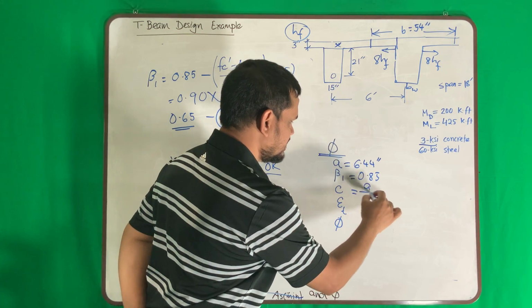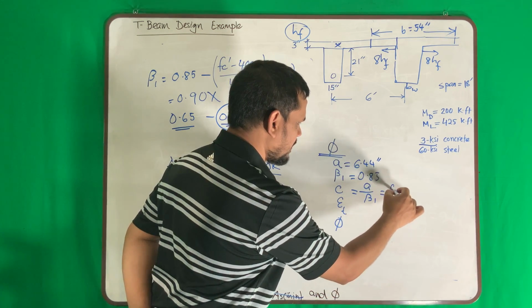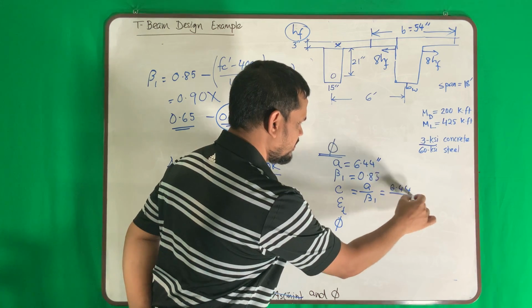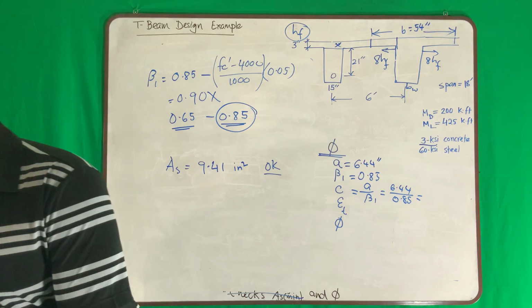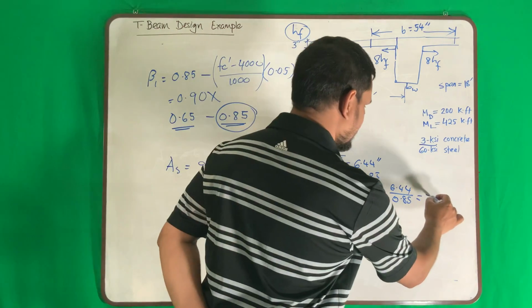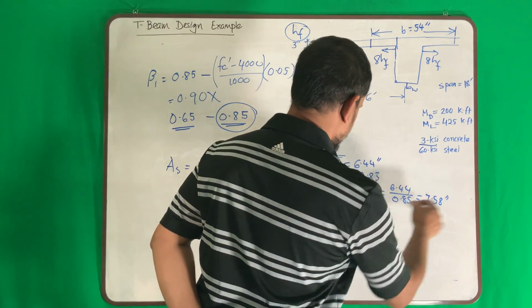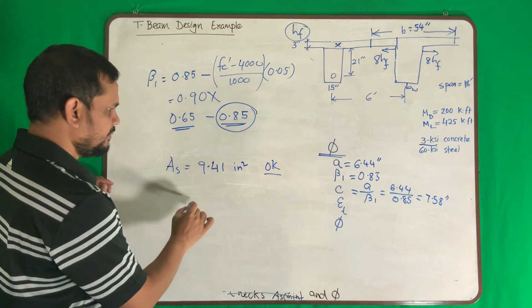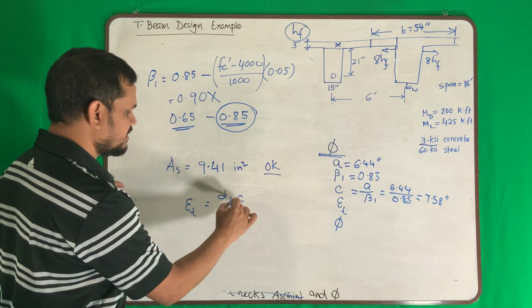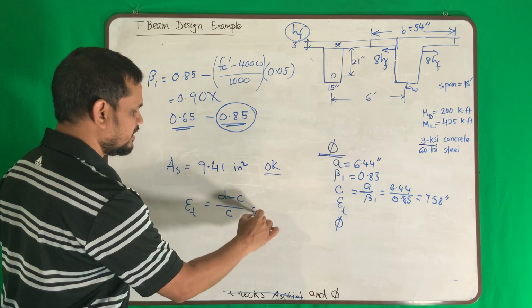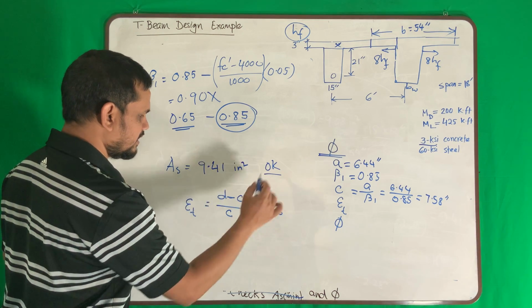What is c? c is a by beta 1. 6.44 divided by 0.85. I got 7.58. Then epsilon t. If you can remember how to find epsilon t, it is (d minus c) divided by c, times 0.003.